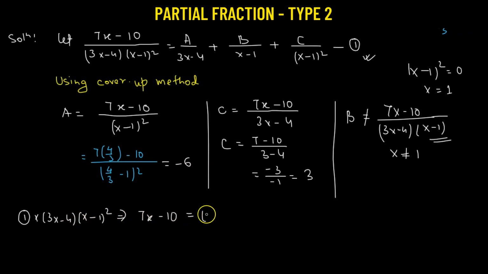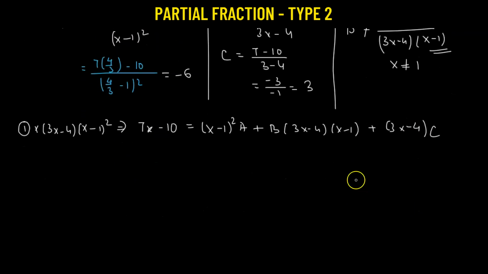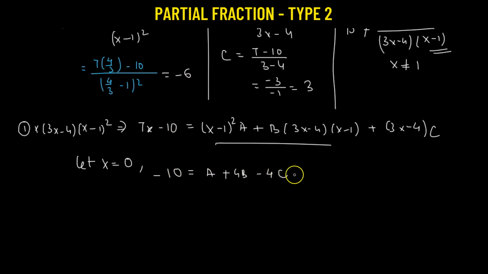On the right hand side, we're going to have (x - 1) whole squared times A, plus B times (3x - 4)(x - 1), and the C term will be (3x - 4) times C. Now we see that this is an identity in x. So since it's an identity in x, we are going to assume that x equals 0, one value of x, which is going to make the equation -10 equals A plus 4B minus 4C.